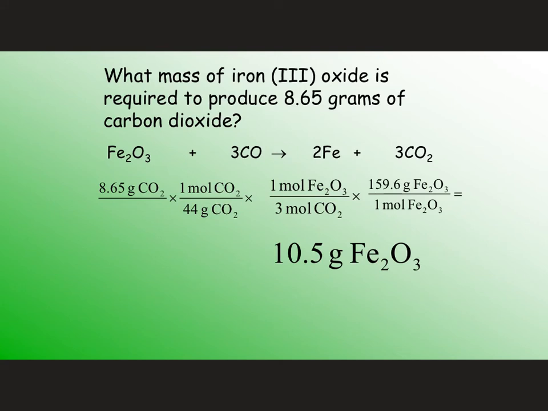So last example here, let's look at our basic setup. It's giving me grams of carbon dioxide and asking for mass, or grams, of iron 3 oxide. So again, we're starting with the given of grams and converting to moles, gram to mole. Then we're going to convert from mole to mole using the mole ratio.